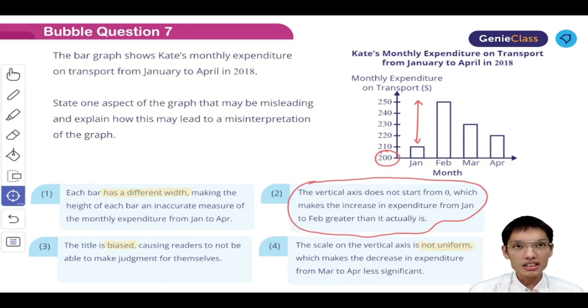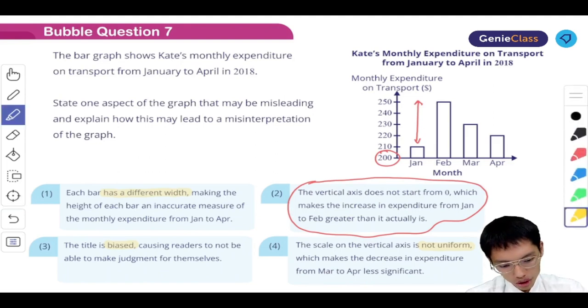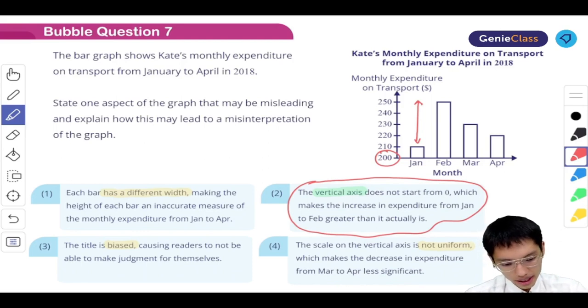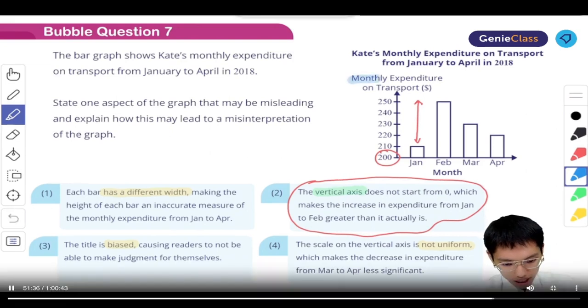Okay, last thing to take note of before I move on to the last bubble question: we have to say the word vertical axis. Remember, we cannot say y-axis or x-axis, because my vertical axis says monthly expenditure on transport.